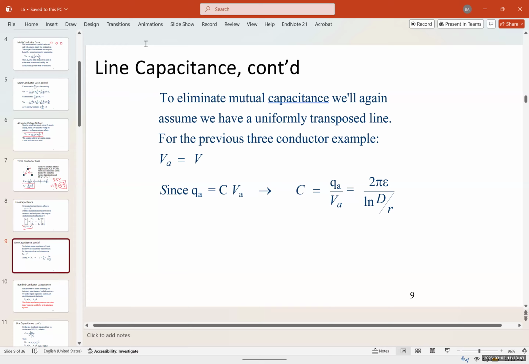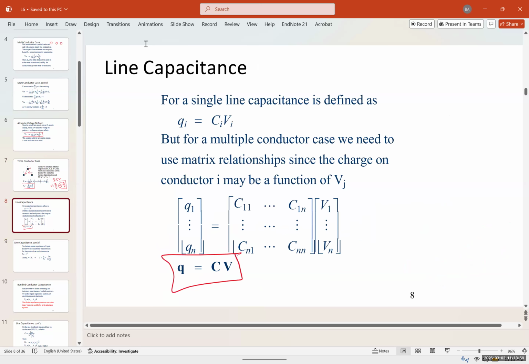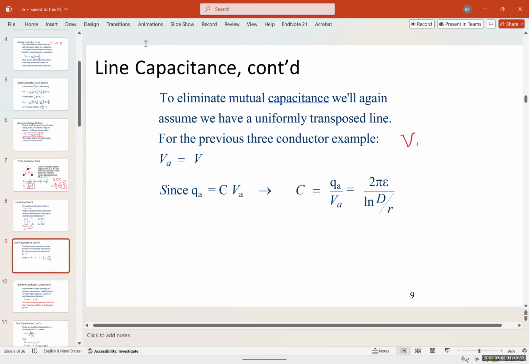And we already know that VA is QA over 2 pi sigma times ln of D over R. Okay? So we will replace VA with this.